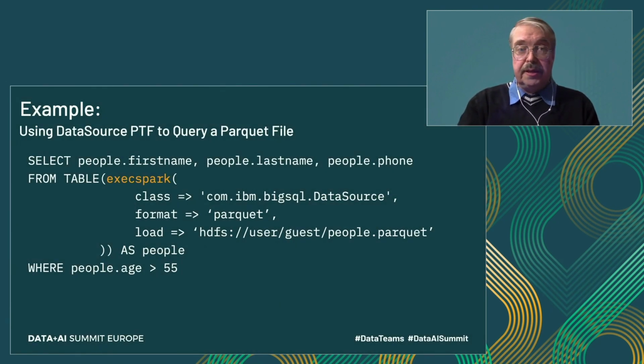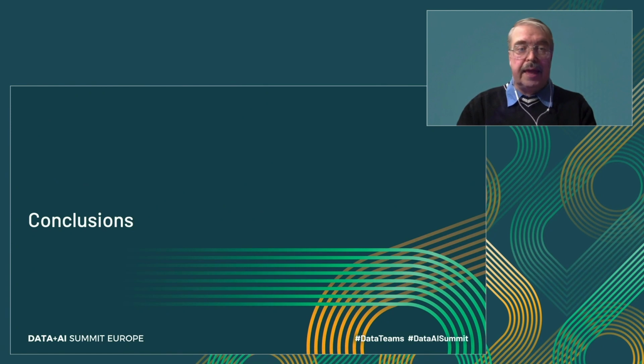And the last one is how to do that for Parquet files. And for all these examples, you see that you're using where clauses, because, for instance, age is a column in your Parquet file, and you're just checking that. That's what you can do with polymorphic table functions.